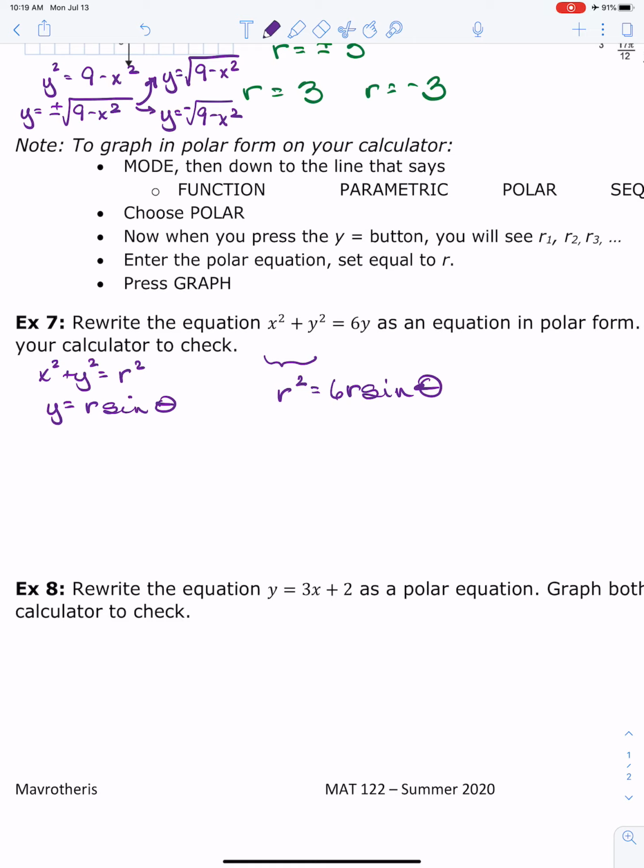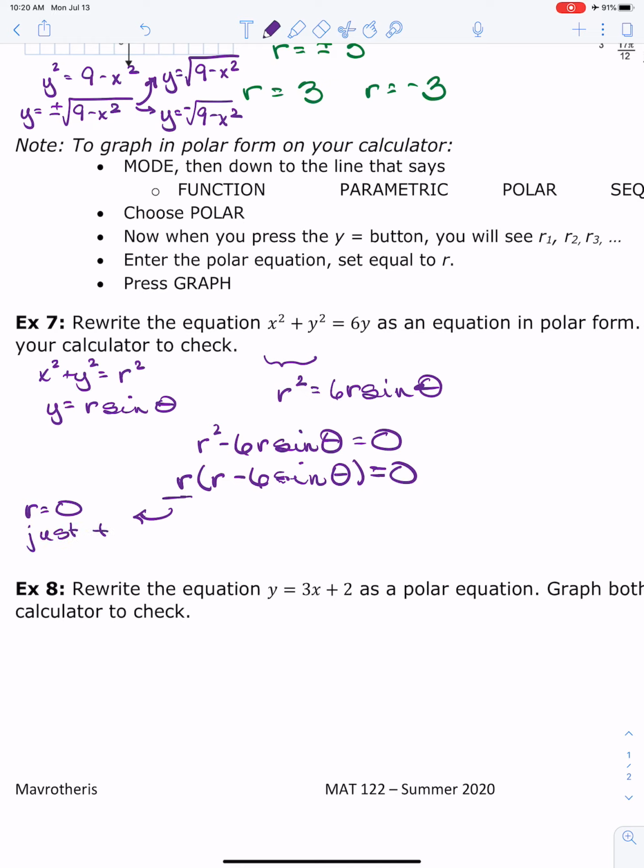I want to be able to solve this for r, so I want to put everything on the same side. r squared minus 6r sine theta equals 0. I can factor an r out. One thing to notice is that r equals 0 is just the point 0, 0.